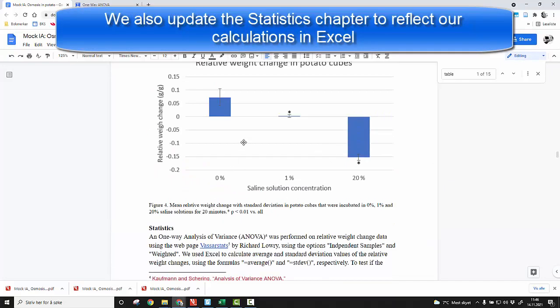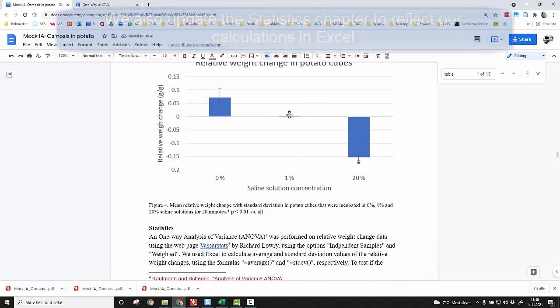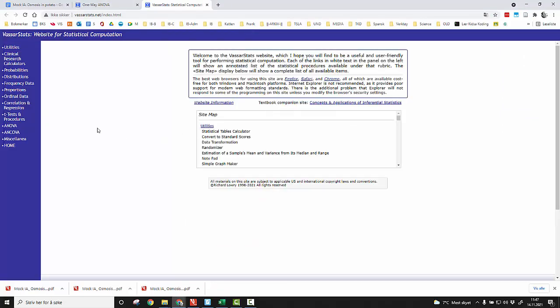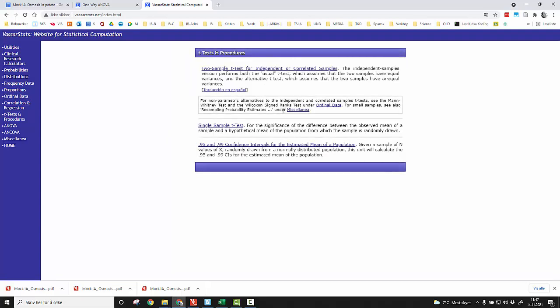But then remember we are interested in if this value is statistically different from 0. To find out if that is the case, we have to go back to Anova and see if there is a statistical test that can help us determine if an average is significantly different or not from a specific value.